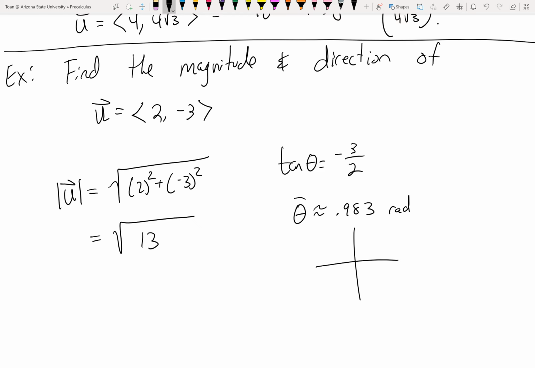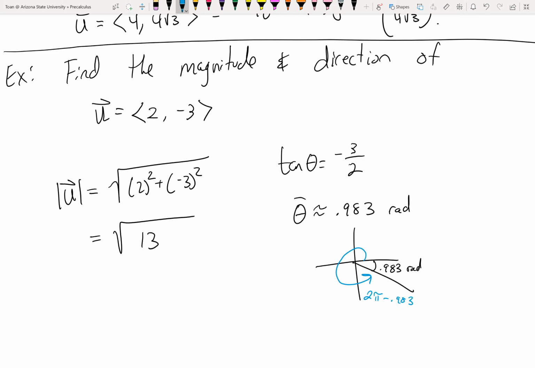Now I have to place it in the right quadrant. You can see our original component is positive x, negative y. So that's going to be in the fourth quadrant. Now with vectors, we almost always use positive angles. I know some of you are used to using the smaller negative angle, which mathematically is not wrong. It's just that with vectors, we typically only use positive angles. So this angle would be 2 pi minus the reference.